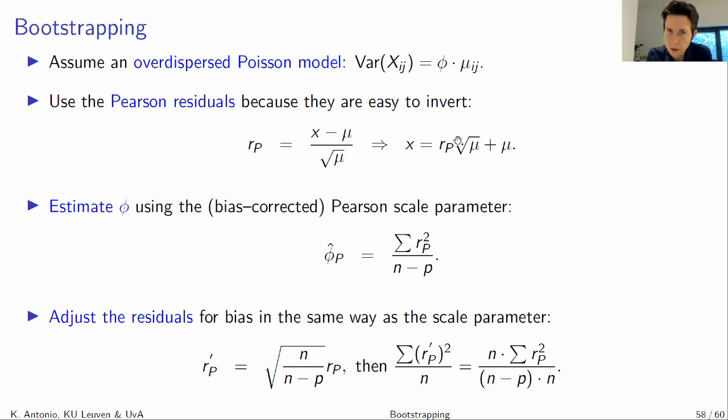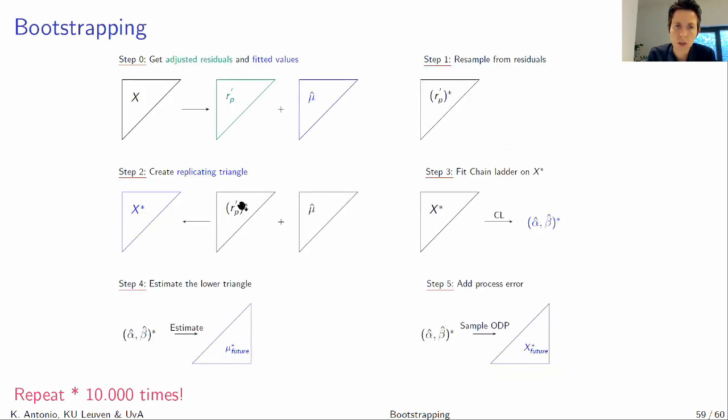And I did this little tweak: I don't use the original residuals, I use the bias adjusted residuals. Using the relation on the previous sheet, I now get an incremental triangle which is different from my original triangle, but which is constructed in a solid way, because the only thing where I intervened is by saying, instead of using this particular residual, I reshuffle and use a similar but slightly different residual. So I get a new incremental triangle.